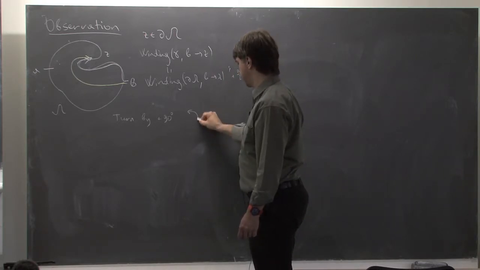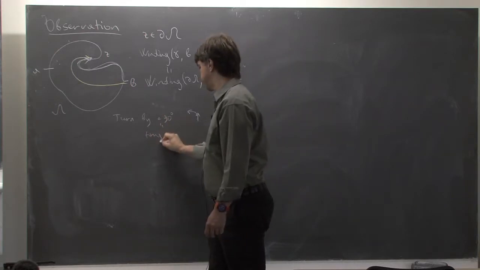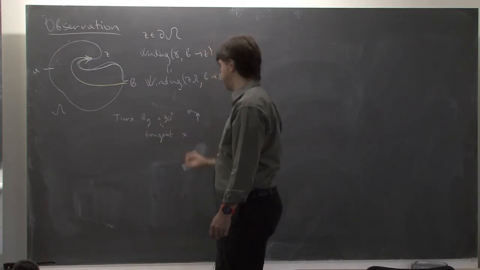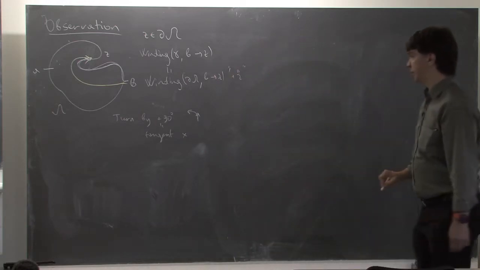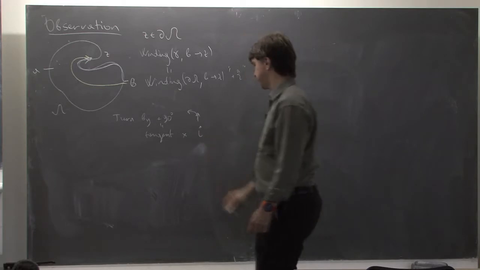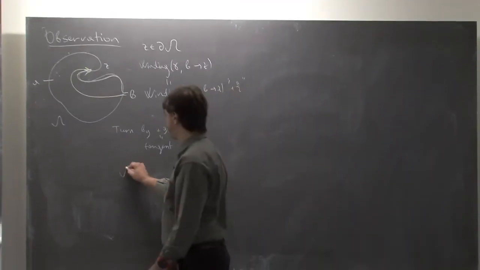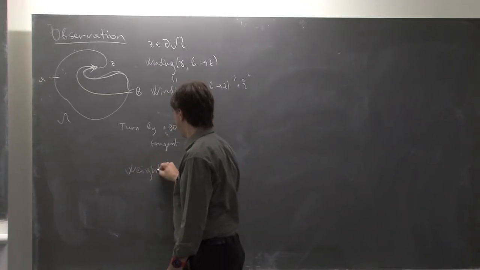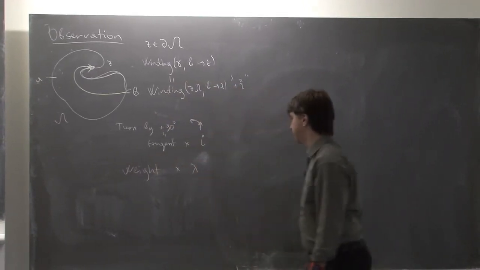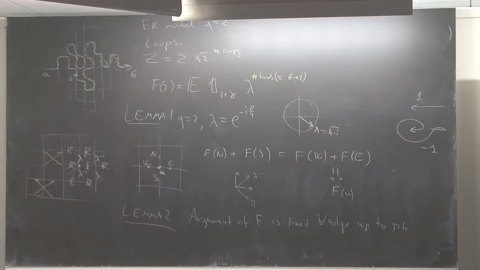If we just look at the tangent vector, the tangent is multiplied by I, and the weight in our case is multiplied by lambda, and lambda is square root of minus I, so it's 1 over square root of I.